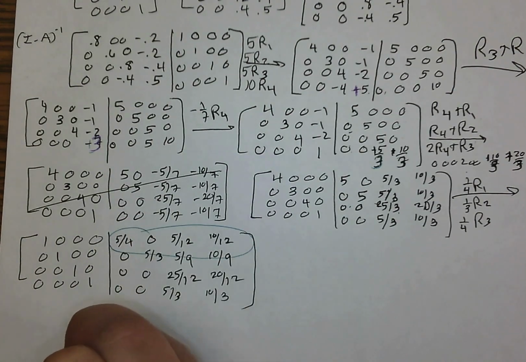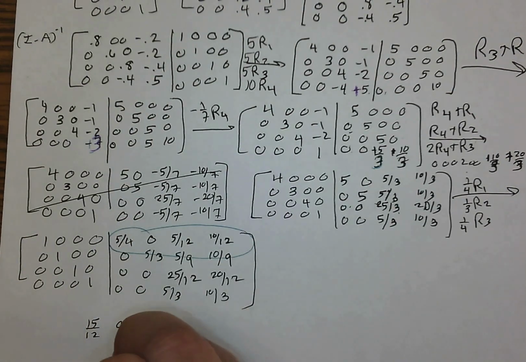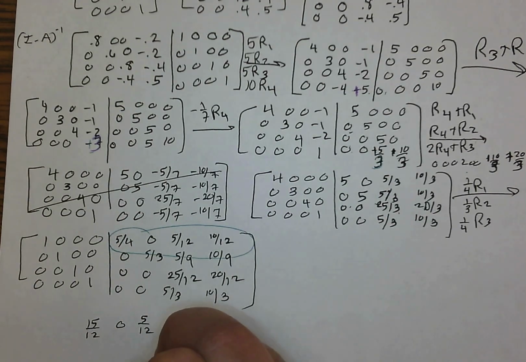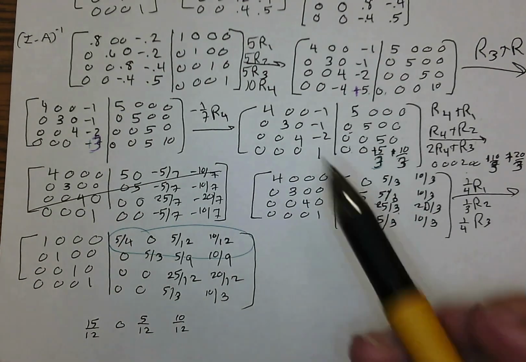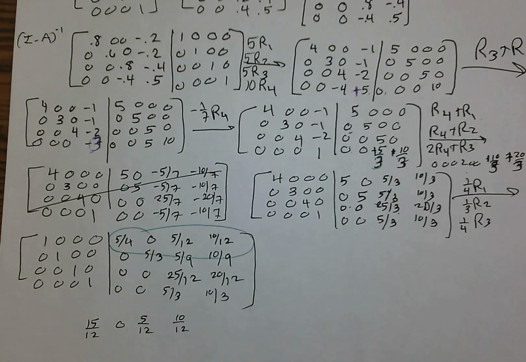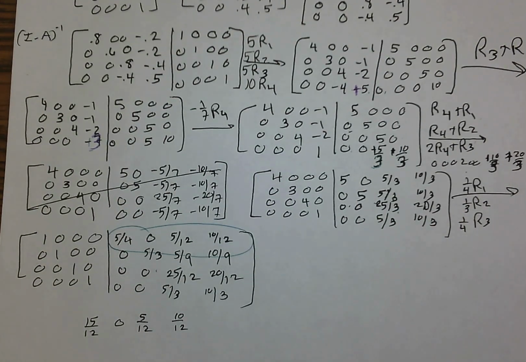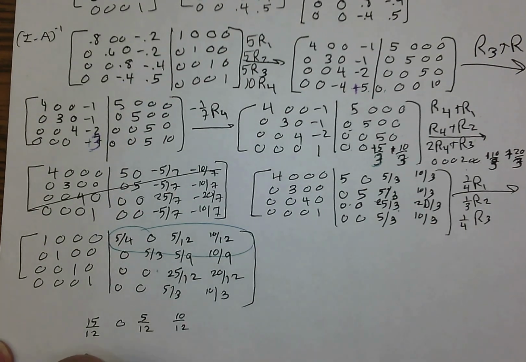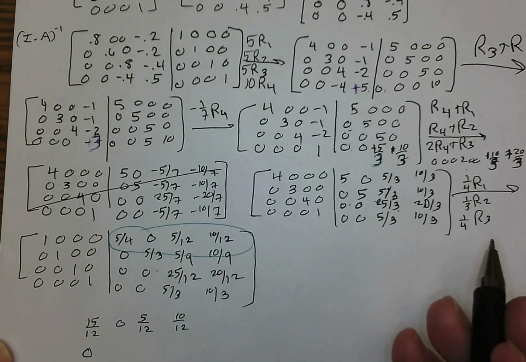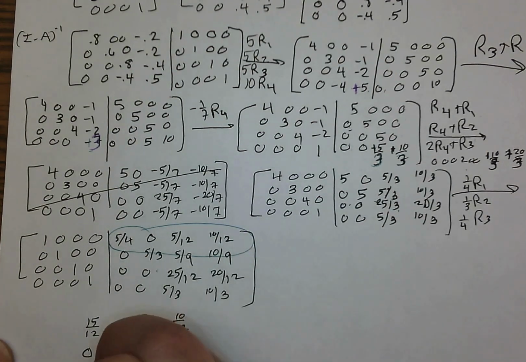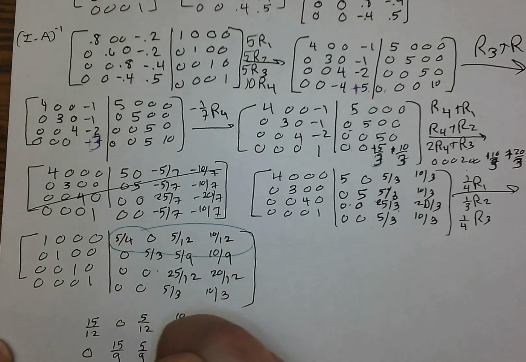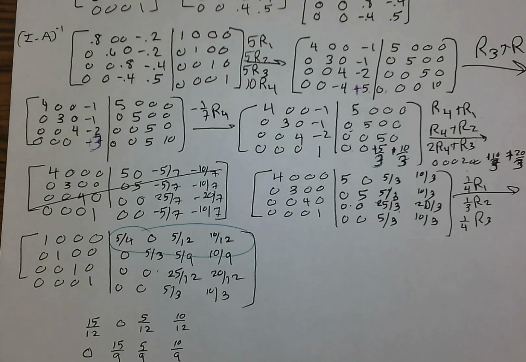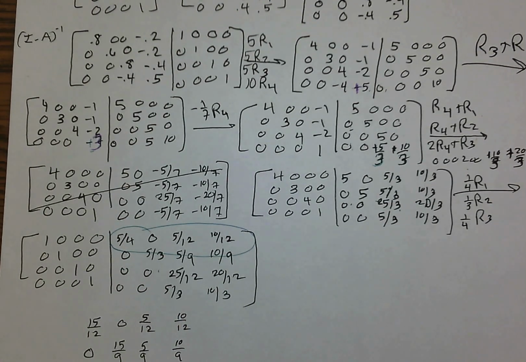So that's 15/12, 0, 5/12, 10/12. The second row, 5/3, 5/9. 5/9 won't reduce, 10/9 won't reduce. So I'm going to make my 5/3 into 9ths. So that's 15/9. The advantage, again, is that we're going to have to multiply the row times the column, and then you add them.